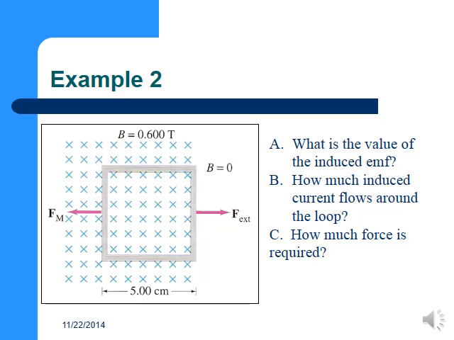First of all, how do we tell what the induced current direction is? Well, we initially had magnetic flux going into the page. What we're doing is decreasing that. So the induced current is going to tend to increase magnetic flux into the page. And so a clockwise current will increase magnetic flux into the page.